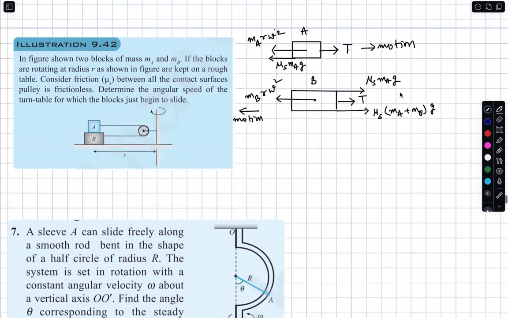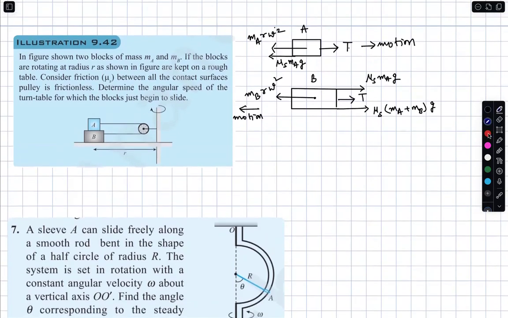Then what do you do? Write the equations. You have two equations here. Color change. MB R omega square is mu S times 2MA plus MB g plus T. Whereas here you can have MA R omega square is T minus mu S MA g.